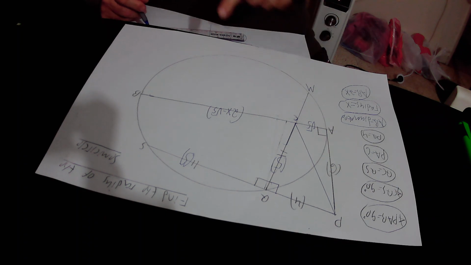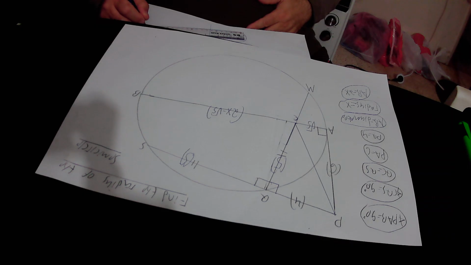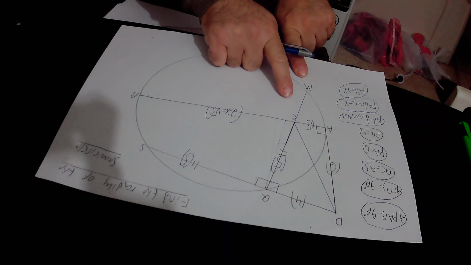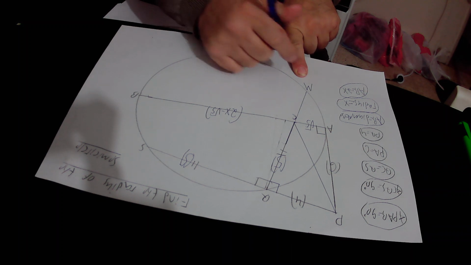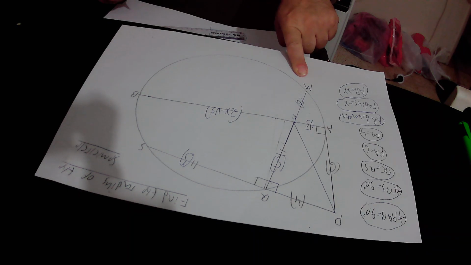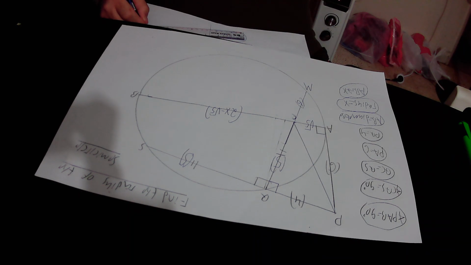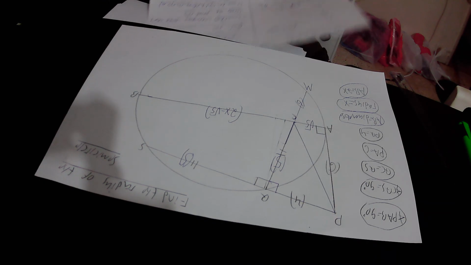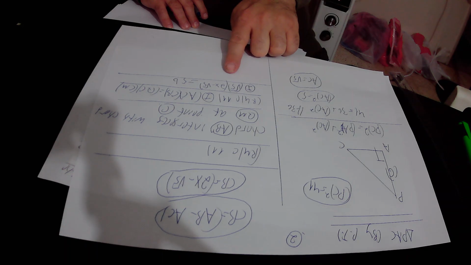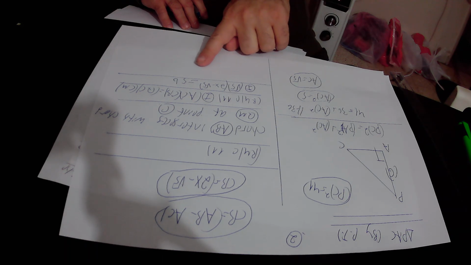QC is 5 times CM. Here we will define the length of this line segment CM as b. So CM is b. So in conclusion, we found out that according to rule number 11, square root of 5 times 2x minus square root of 5 equals 5b.